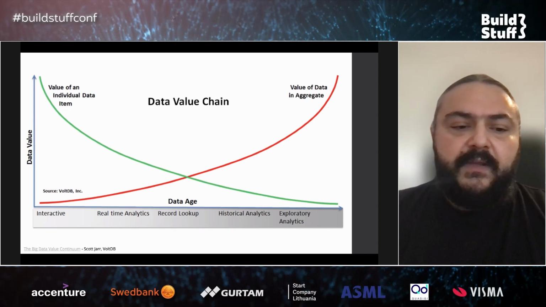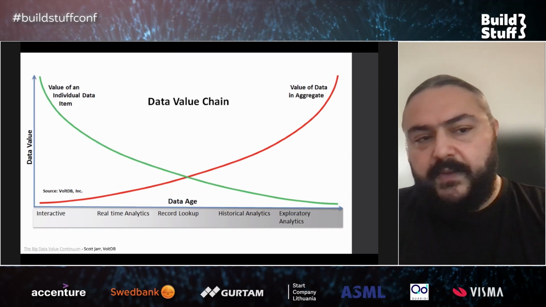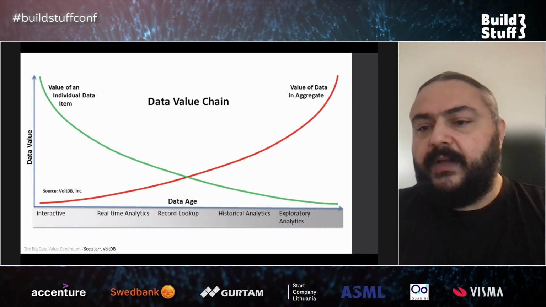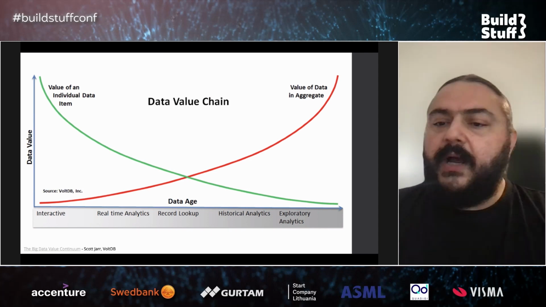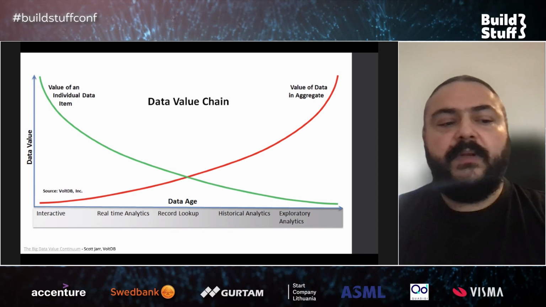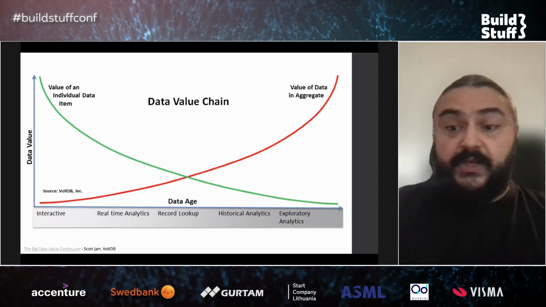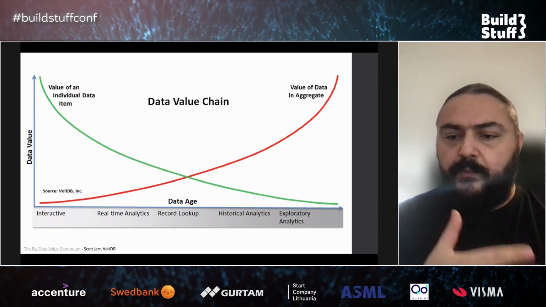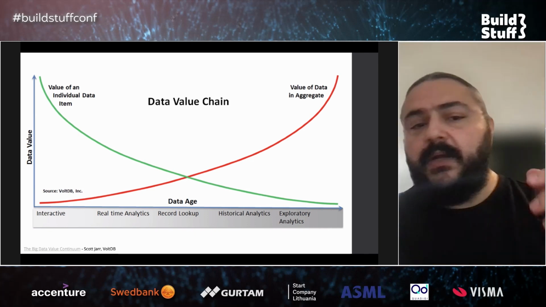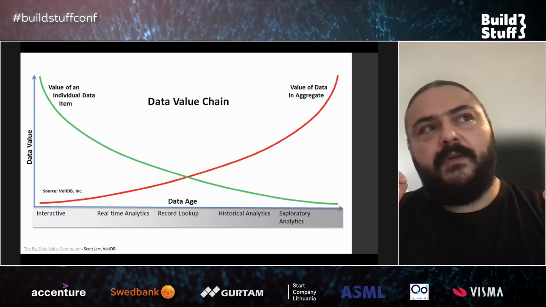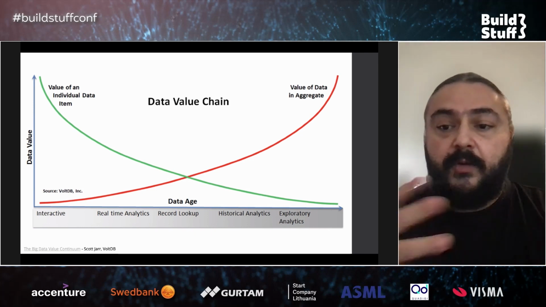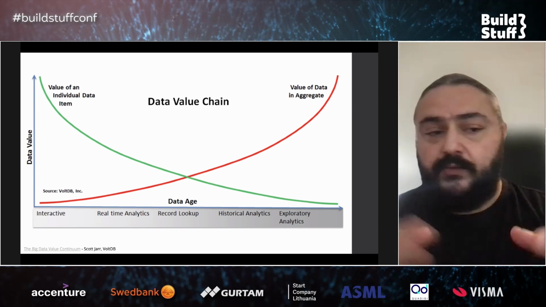Now, intuitively, I think it's easy to understand if you think of, let's say, what is the value of an individual data record, data item? It starts out usually very high because usually it's the online transactional applications or production applications which deal with individual data items. And over time, when we store this item, the value decays. The best example is if you log onto an e-commerce website, and the website needs to track your shopping cart as you go through it.